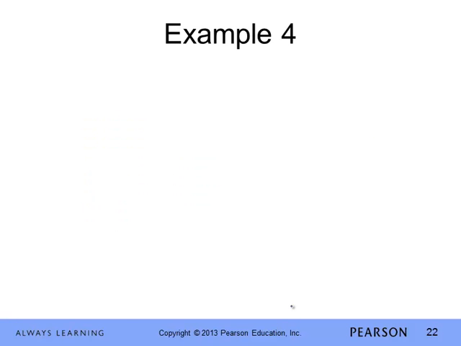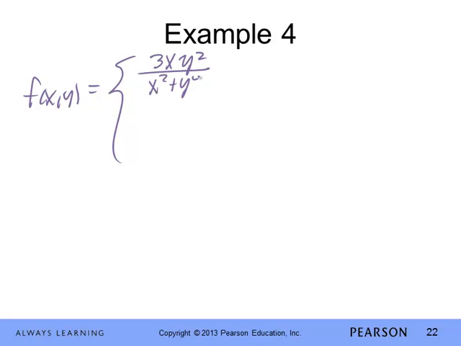So let's take a look at example 4 here. We're going to take a look at this piecewise defined function. f of x,y is equal to, and we have this curly brace, first of all, 3xy squared over x squared plus y to the fourth, if (x,y) is not at the origin.